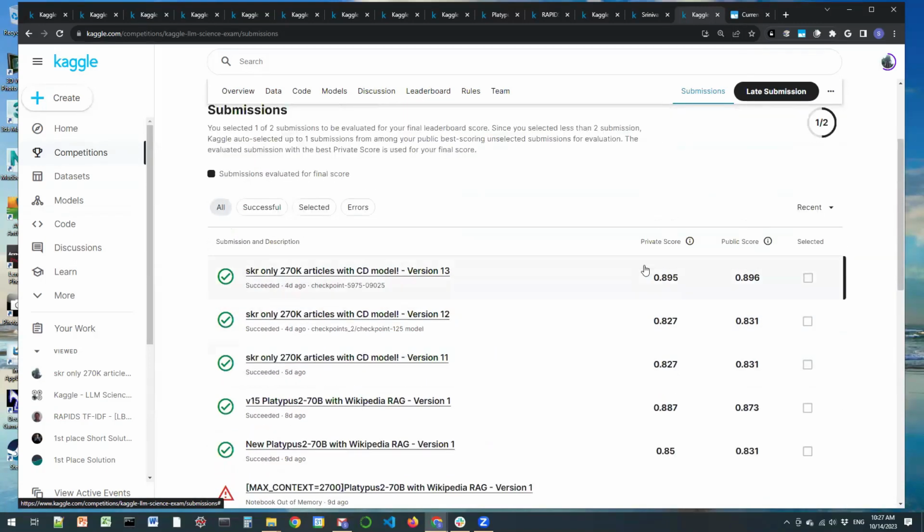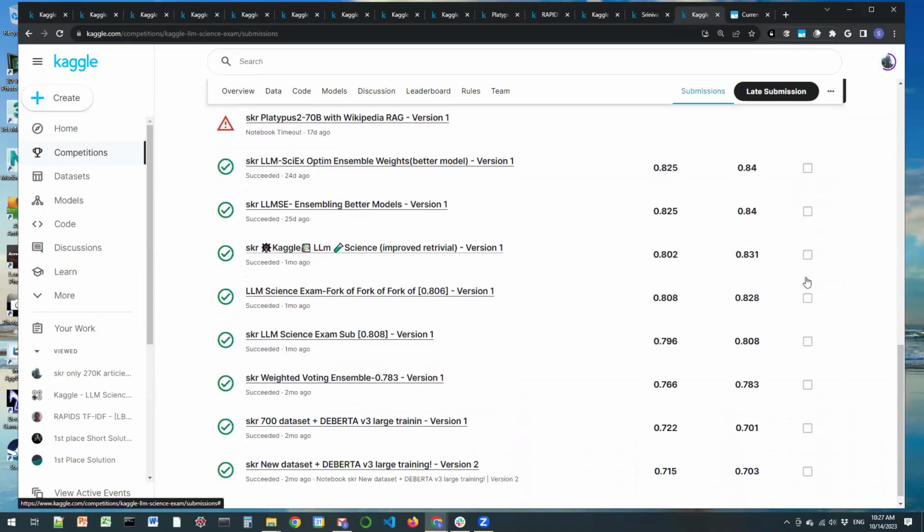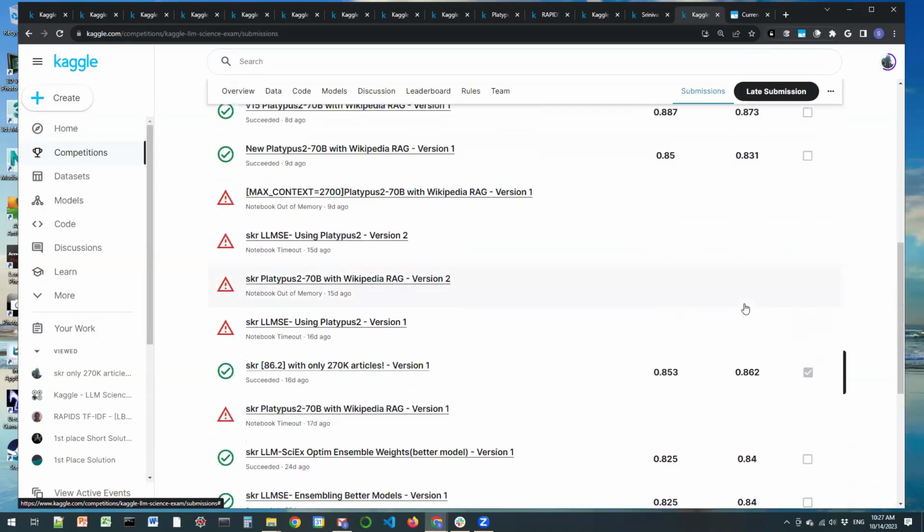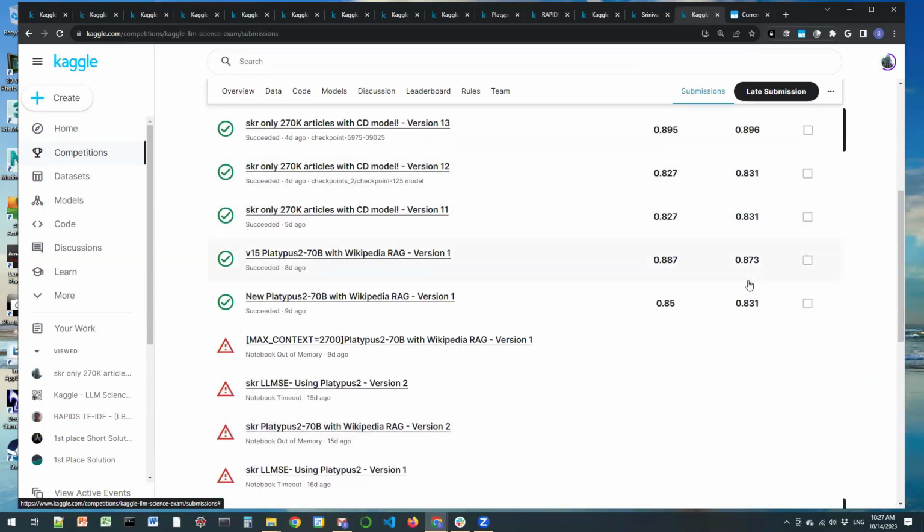So it could pick, if my run turned out to be the best, it could pick this, which it did, versus my 0.878 or whatever the Platypus 70 billion one turned out to be.